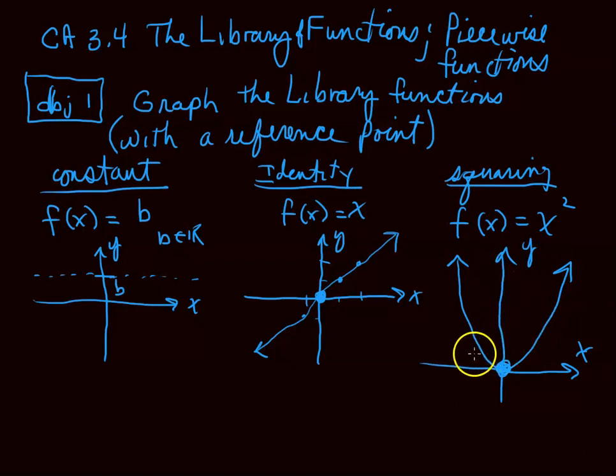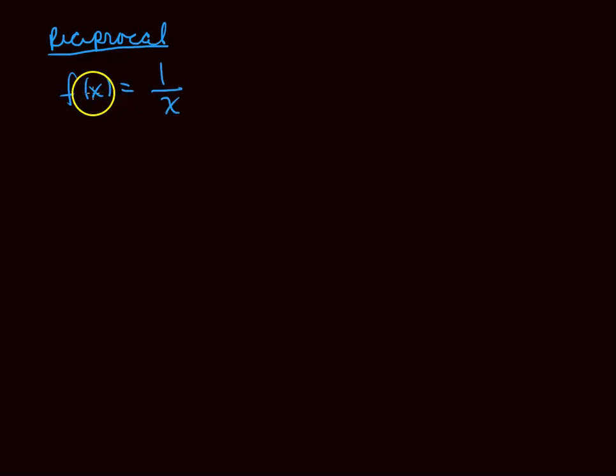The next one, for the next page, the reciprocal function. Well, instead of f of x equals x, it's 1 over x, the reciprocal of x. What does that look like? See if I can get better and better at these axes.